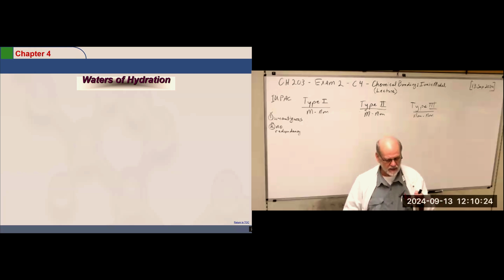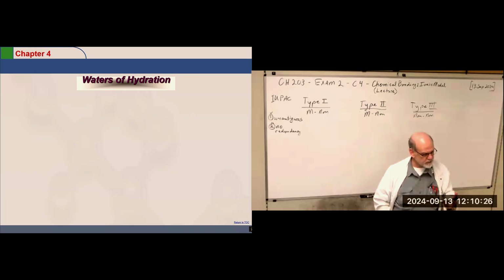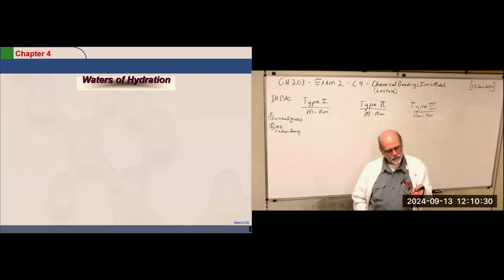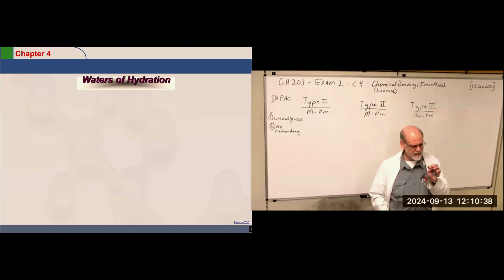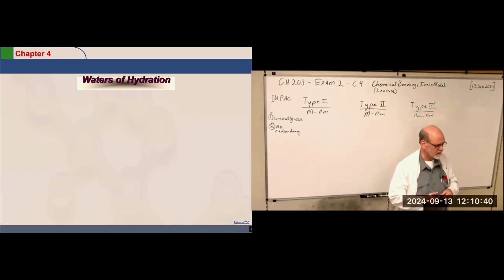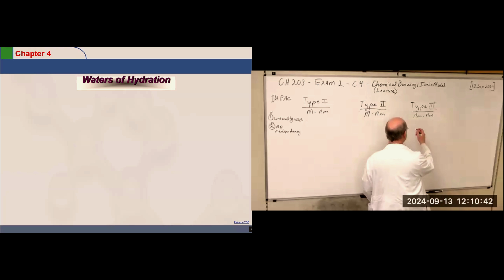Waters of hydration are crystal structures for your ionic compounds that have within them water molecules left behind. We know they're there because if you have, say, calcium sulfate in solution, and you dry it down at say 105 degrees Celsius, just enough to boil off water, right?